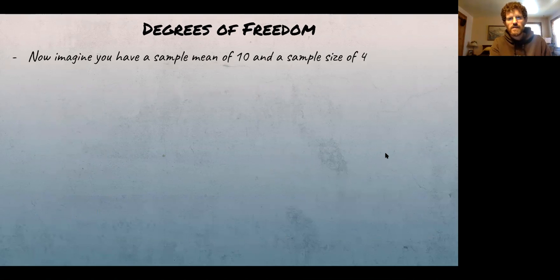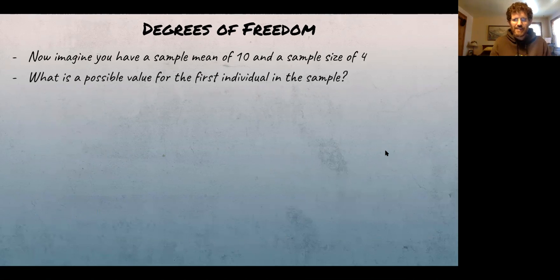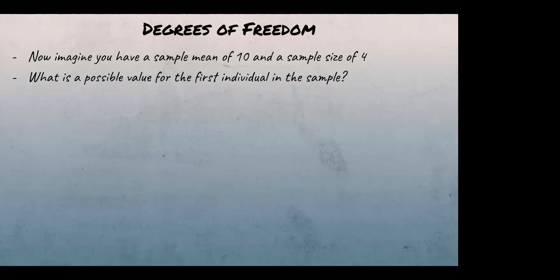Imagine you have a sample mean of 10 and a sample size of 4. So in this sample, what could the first value possibly be? Ten. All right, that's fair.